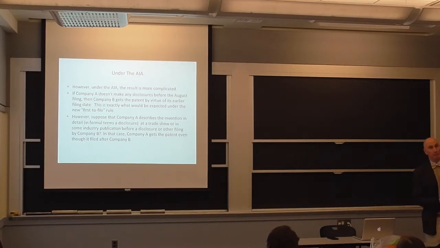Yes? What's the difference between a provisional application and a public disclosure? Say we invent something today, we write a paper on it tomorrow, then we have a year from the time that paper gets published. At the end of that year, can you file a preliminary patent application to give yourself another year before the final?